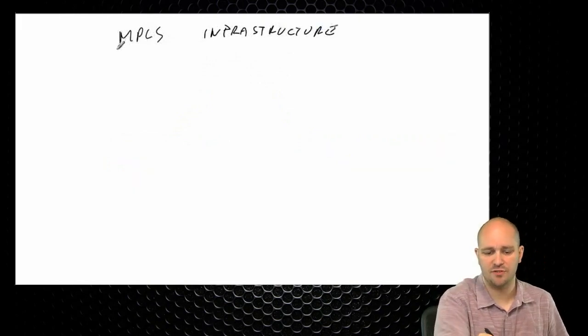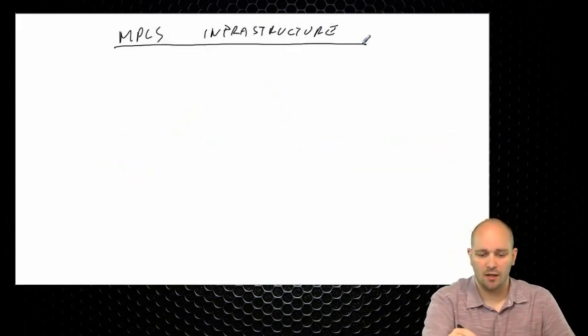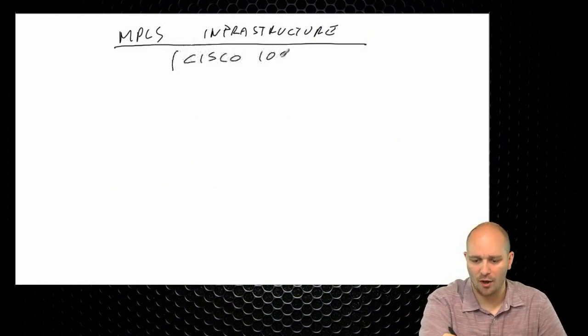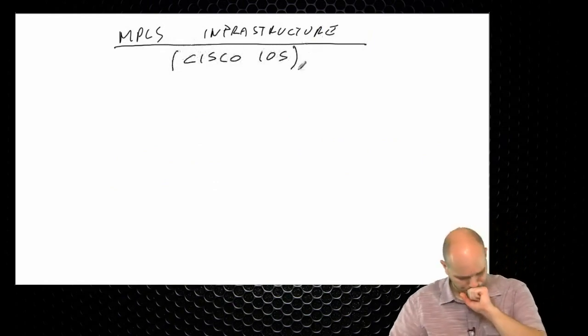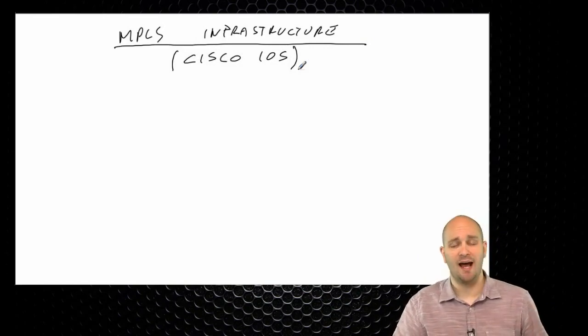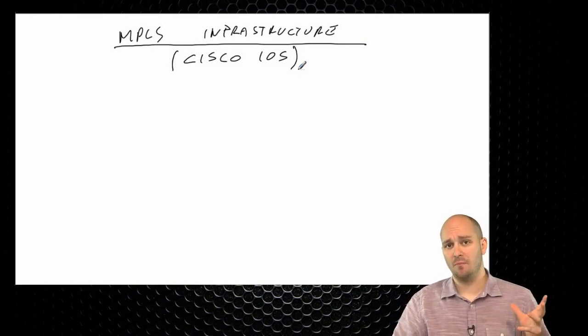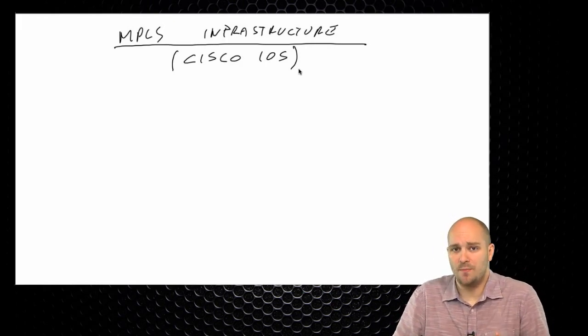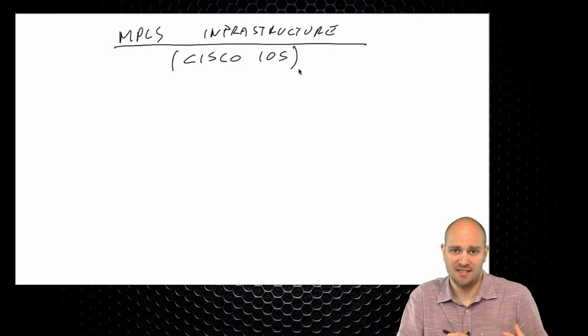Now, MPLS infrastructure, when it comes to this class, is going to be very, very Cisco IOS based. So some of the things that I will be saying now are not necessarily applicable to other vendors or other implementations of MPLS, like for example on Alcatel-Lucent equipment or on Juniper equipment, because their approach to MPLS is slightly different than Cisco's.